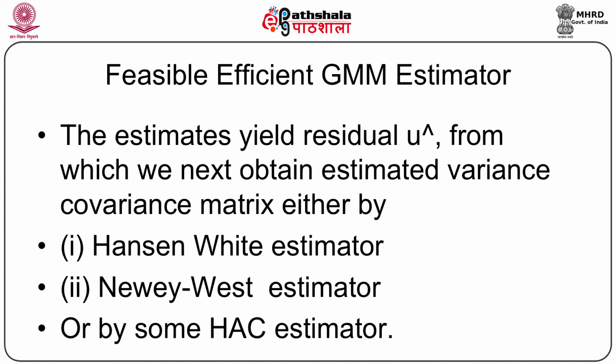In the next step, using the residual from the instrumental variable estimate, we obtain the estimated variance covariance matrix, either by the Hansen-White estimator, or the Newey-West estimator, or some other HAC estimator.